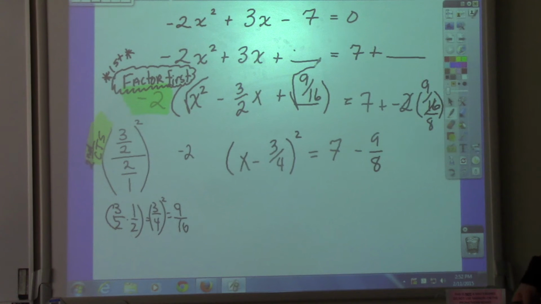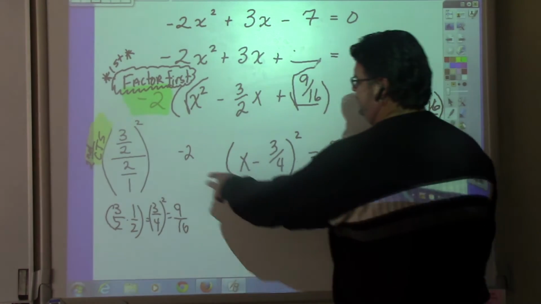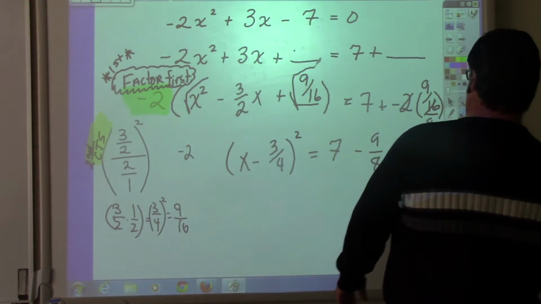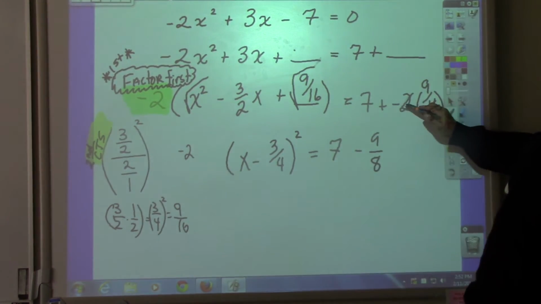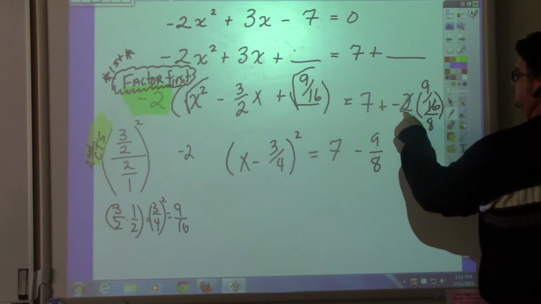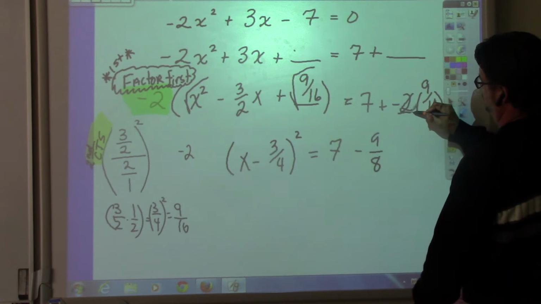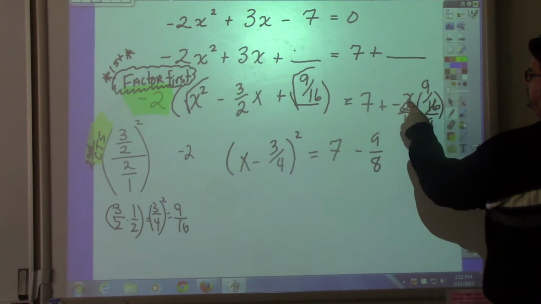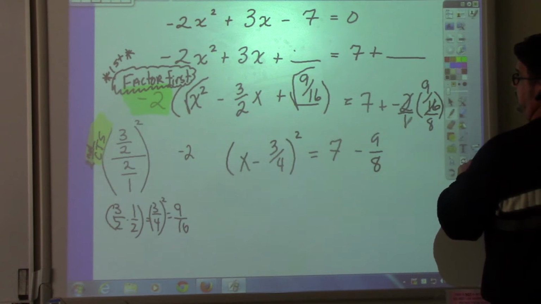Shortcuts. What did you do with that -2? I erased it. At the very end, that -2 belongs in front. Don't let me forget. All right, that -2. This is -2 over what? 1. So that 2 and that 16 will cancel.